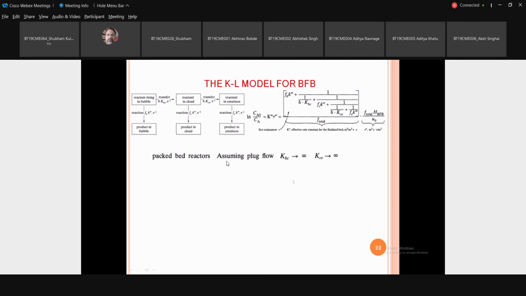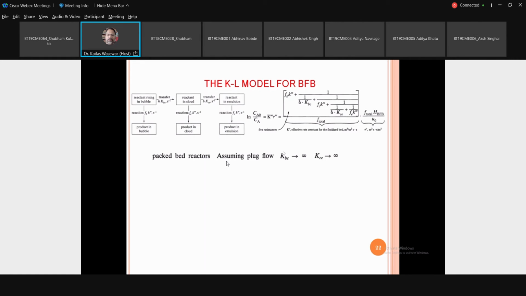So we can reduce this equation for the packed bed also. By assuming plug flow, there will not be any mass transfer between bubble, cloud and emulsion. So it is like an infinite mass transfer coefficient. If you substitute here, this term will be 0. If you substitute here, this term will be 0.